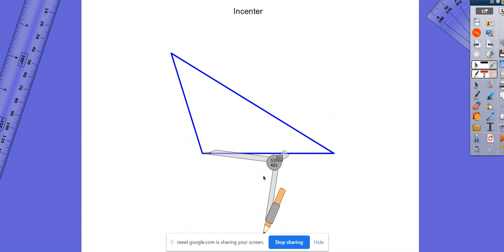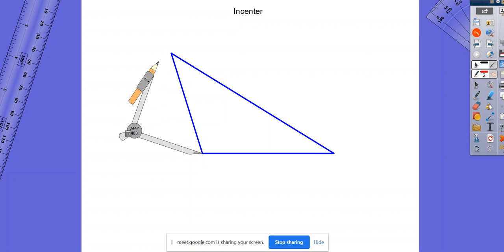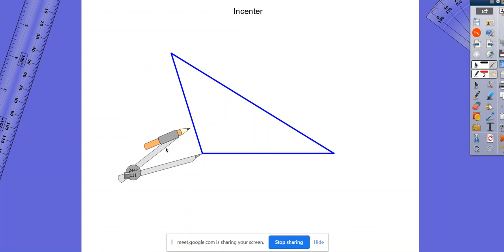So put the metal point at the corner, or at the vertex of the triangle, and we are going to find the angle bisector.